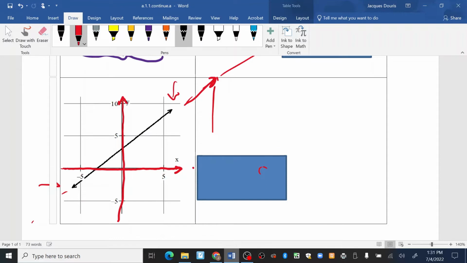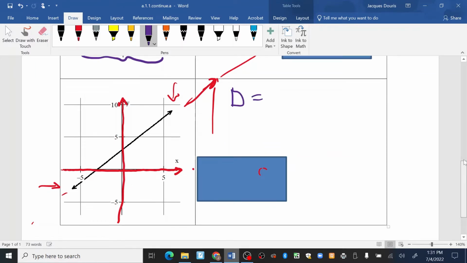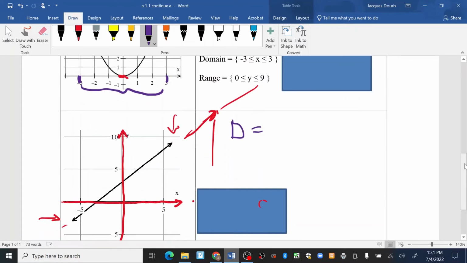So what we say here is x, hold on, where's my eraser? So domain equals x is an element of the real numbers. That means x belongs to the set.